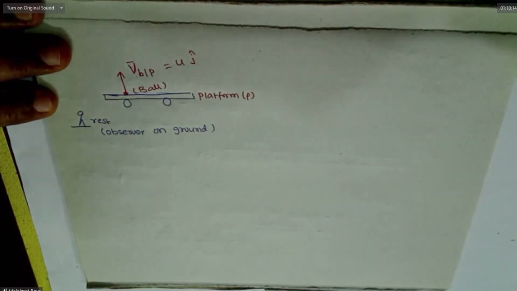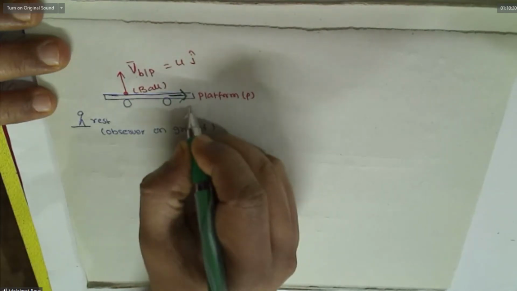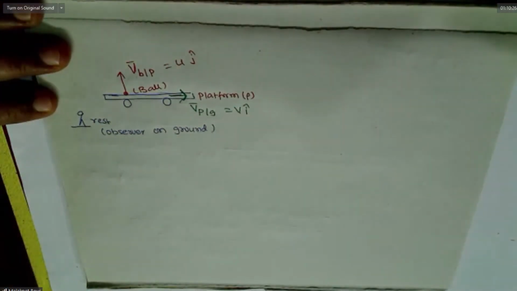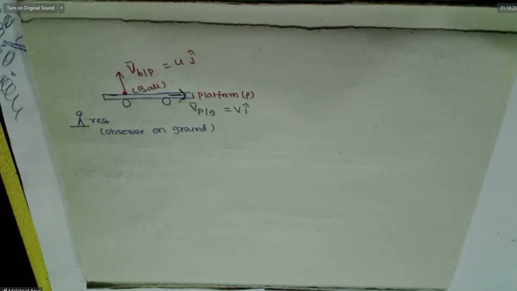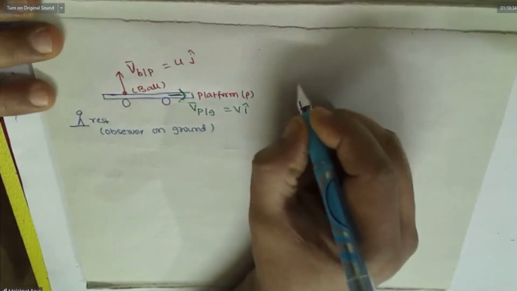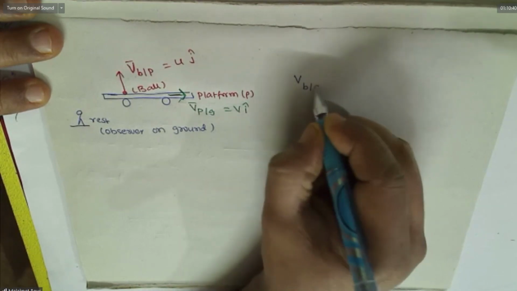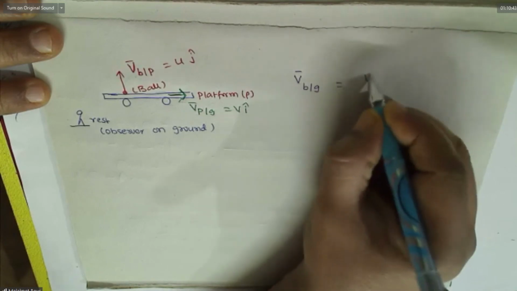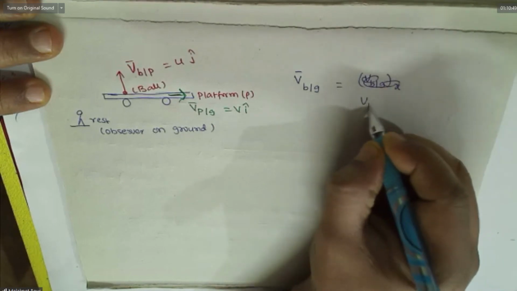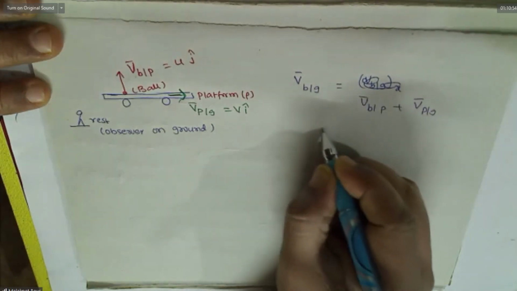Followed. Now he will give a different situation. You can't say why he is giving it. He will give this. That means the platform is moving with some V. We will see the velocity of the ball with respect to ground is nothing but the ball with respect to platform plus platform with respect to ground.